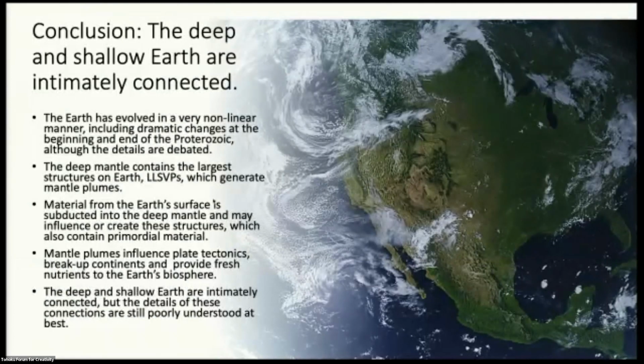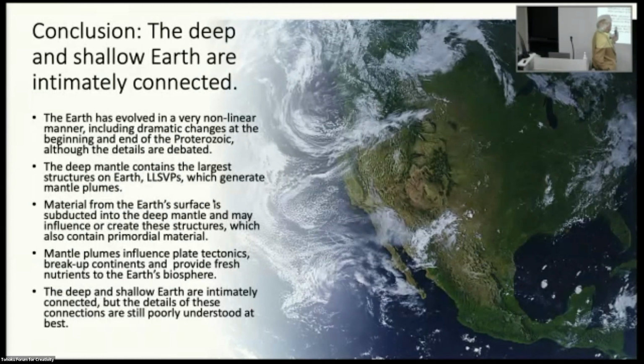Okay, so here's my summary. The deep Earth and the shallow Earth are connected. The question is how. The Earth has evolved in a very non-linear manner, both at the surface and in terms of tectonics. There have been significant transitions, even though we don't know the details. The deep mantle contains the largest structures on the Earth, these LLSVPs, that generate mantle plumes.